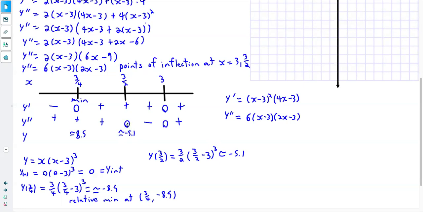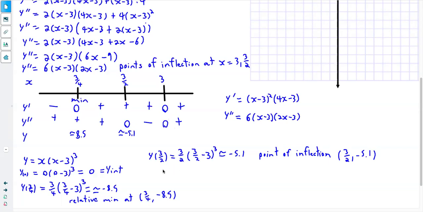So this, because it is 0, means that this was our point of inflection. So that was at negative 5.1 for y and 3/2 for x. Next, we had another point of inflection.